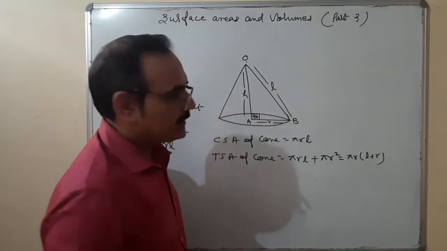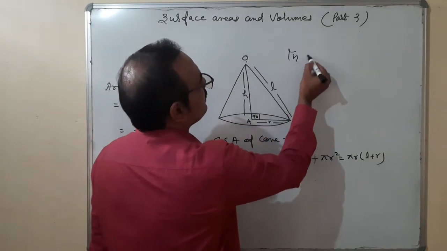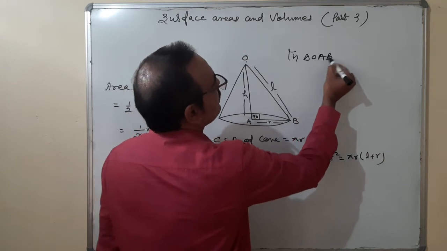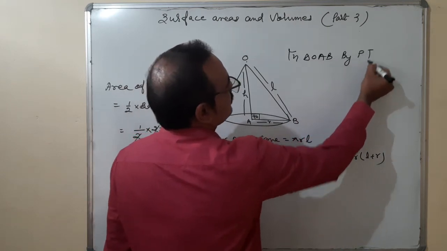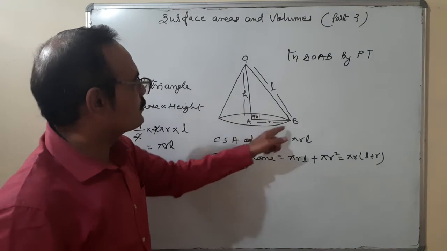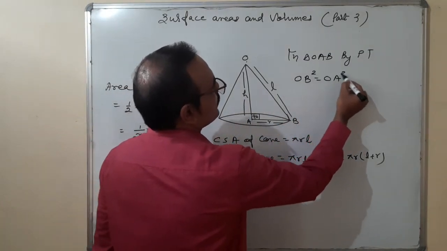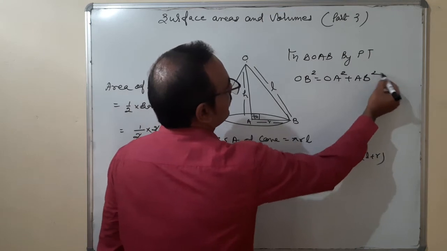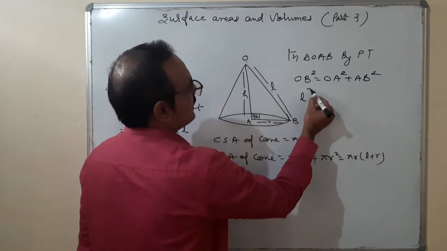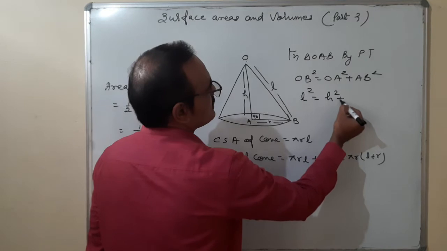If this angle is 90 degrees, in triangle OAB, by Pythagoras theorem, OB square is equal to OA square plus AB square. OB square, that is l square, is equal to h square plus r square.